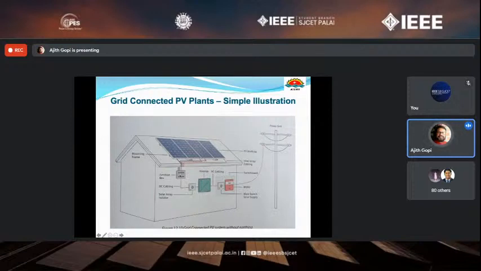Junction boxes, JB or SJB, or what you call string combiner boxes, SCB. There are different terminologies people call it. All these SCB string combiner boxes will have some safety accessories as well.